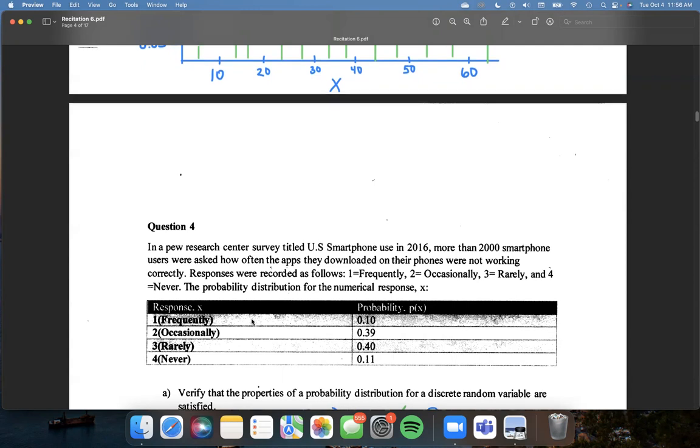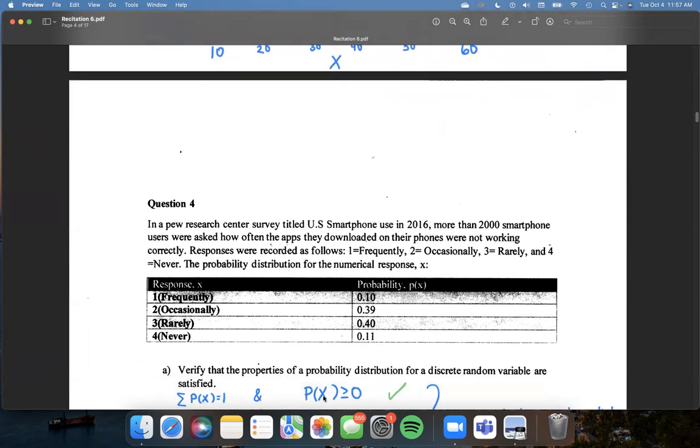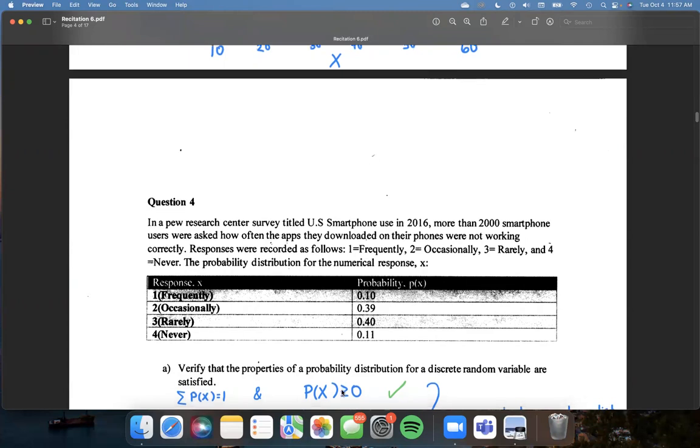So part A is to verify the properties of a probability distribution for a discrete random variable are satisfied. So remember, we have these two properties, that the sum of our probabilities will equal 1, and that all of the probabilities are non-negative.